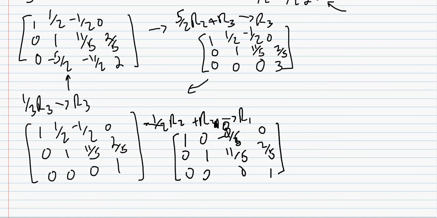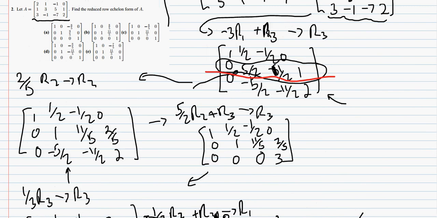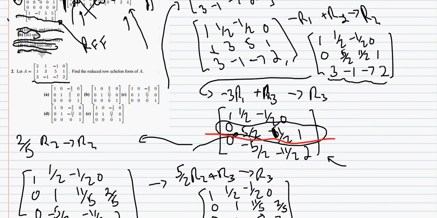And this is the most we can reduce this, and this is in our reduced row echelon form. When you look back at our possibilities, we have C as the answer.